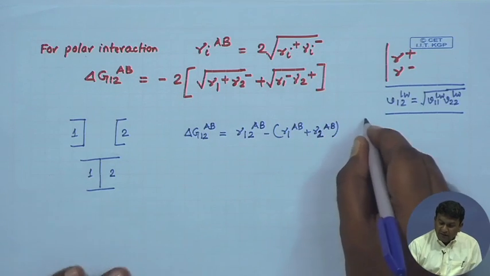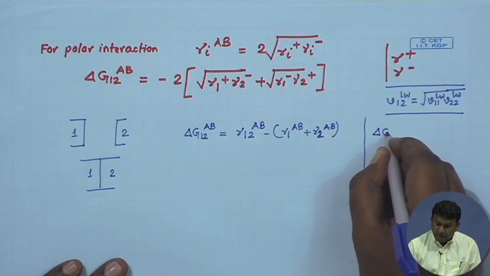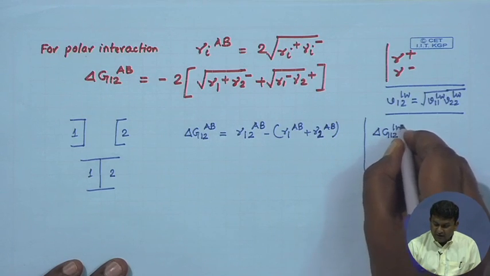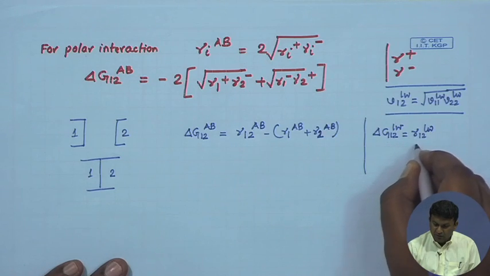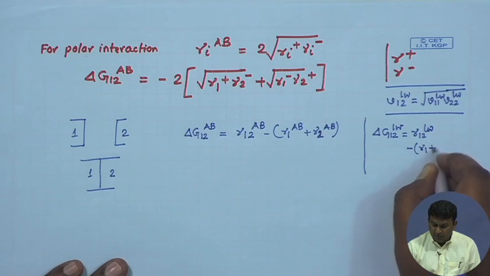This is very similar to what we had written in the earlier case as delta G 12 LW as gamma 1 LW minus gamma 1 plus gamma 2.